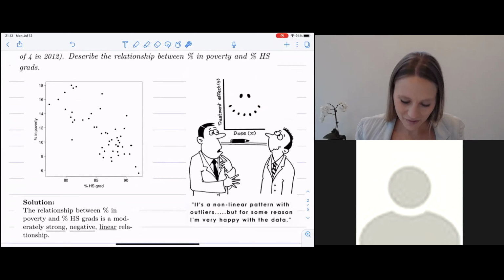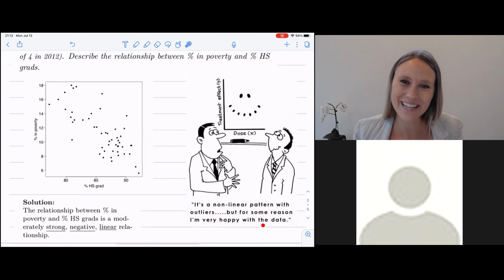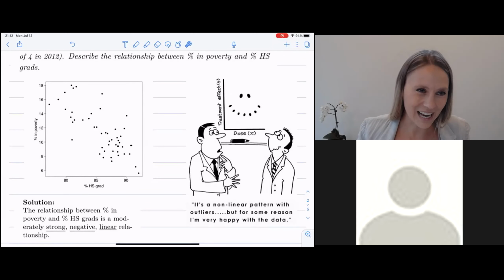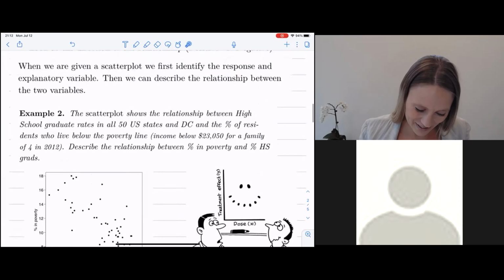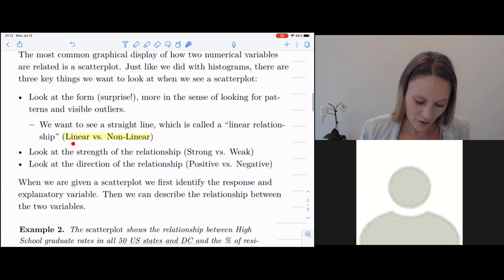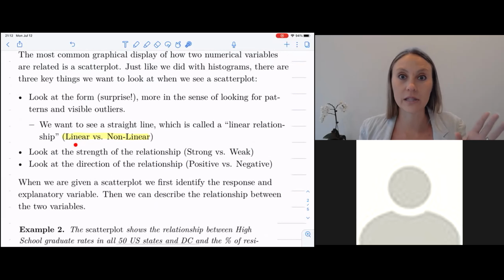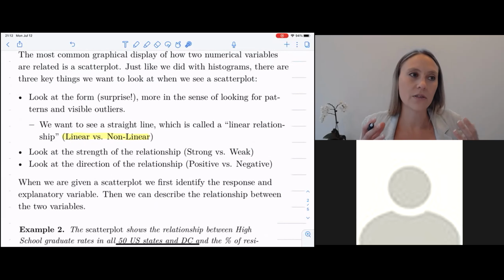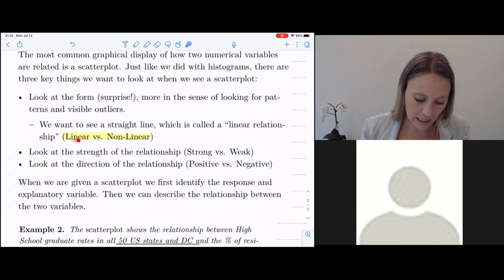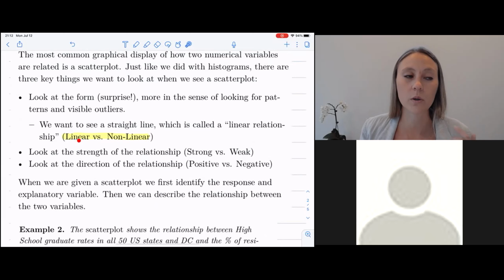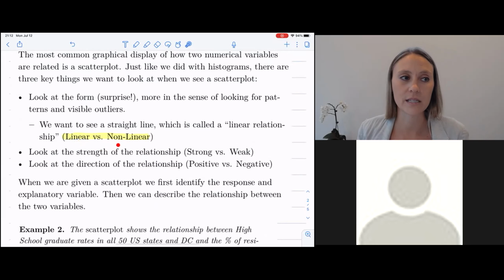But for some reason, I'm very happy with the data. Cute. So that's what we mean, we're going to categorize it as either linear or non-linear. Now, there are lots of different ways that we could have non-linear patterns, but because in this course we're only dealing with linear relationships, that's how I'm going to classify them, either linear or non-linear.